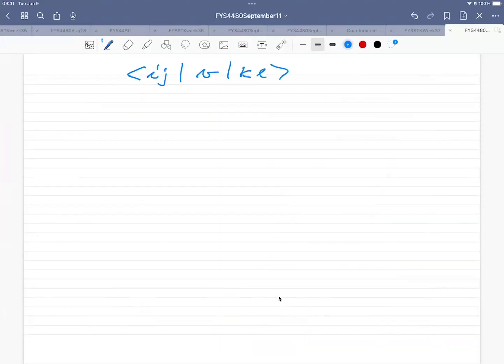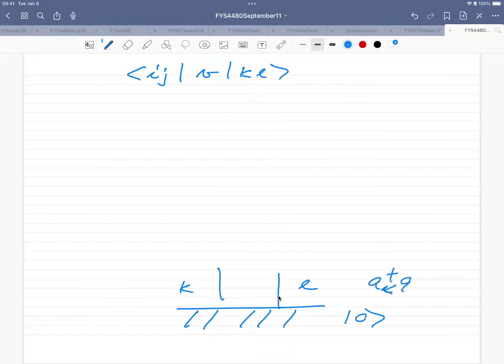So in principle, this is just pictorial, and often people just skip what I'm drawing here, but you could think of this as being your vacuum state, and then you have created a state KL. So this is your state AK, AL, acting on the vacuum state. Then you have the interaction here.